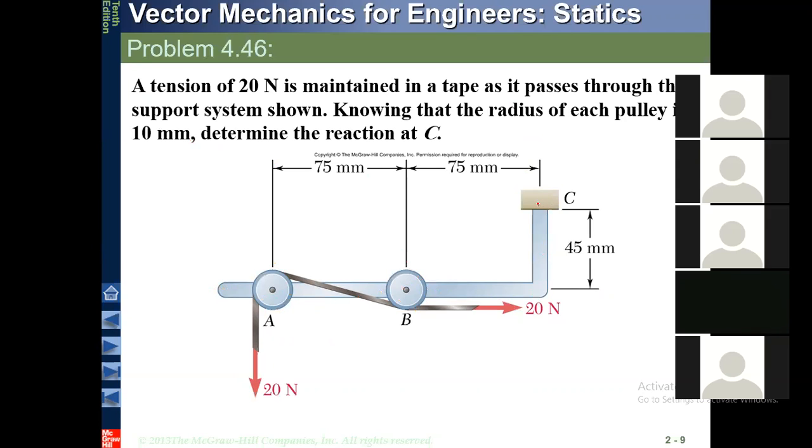So here you have constraints along two directions, and also you have a constraint for a couple.